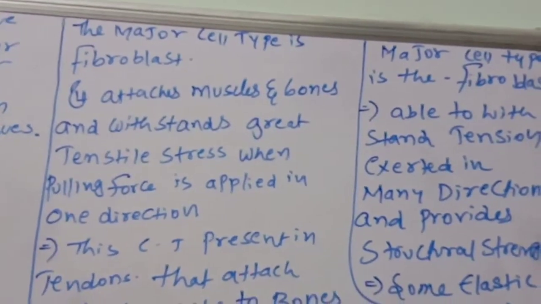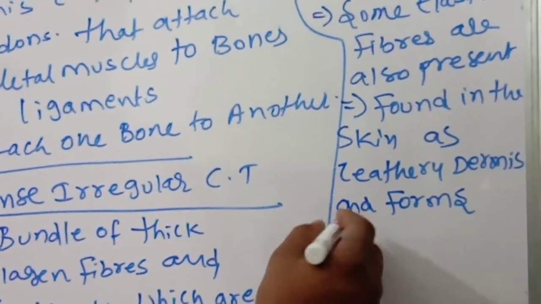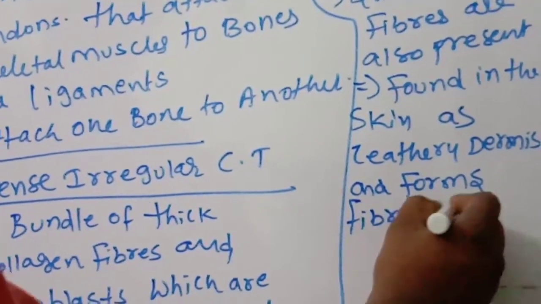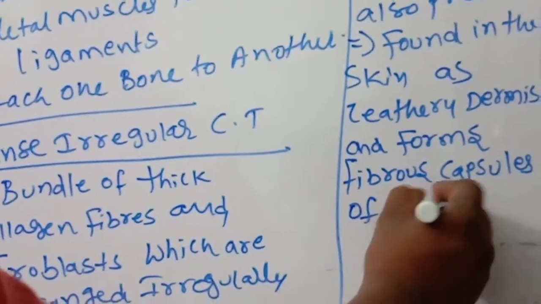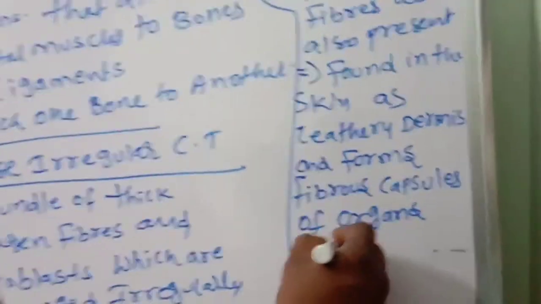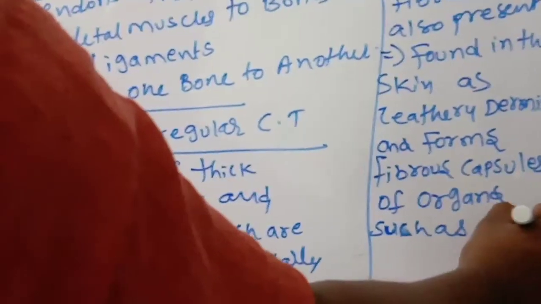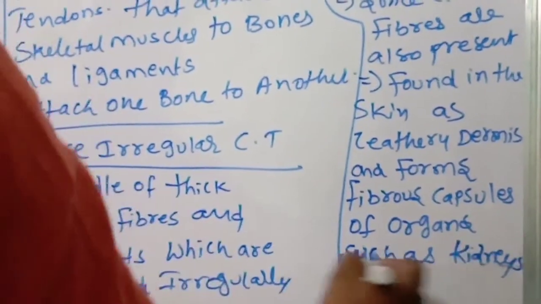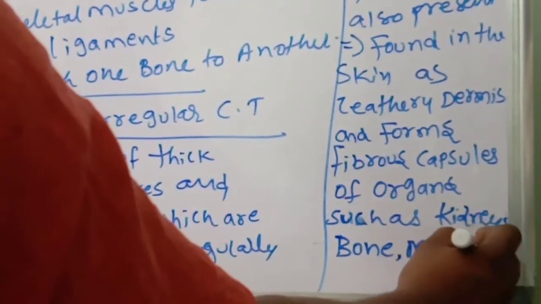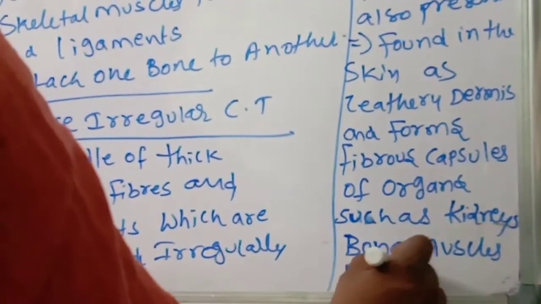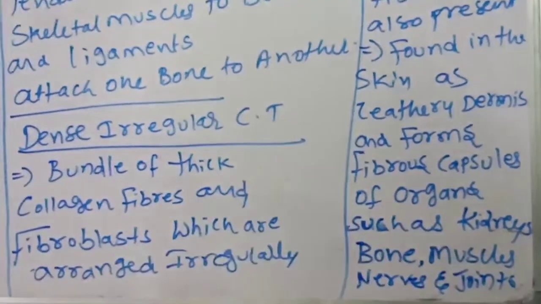Okay children, leathery dermis, and forms fibrous capsules of organs such as kidneys, bone, okay children, and muscles, and nerves and joints. Okay children, like this their functions also will be there.